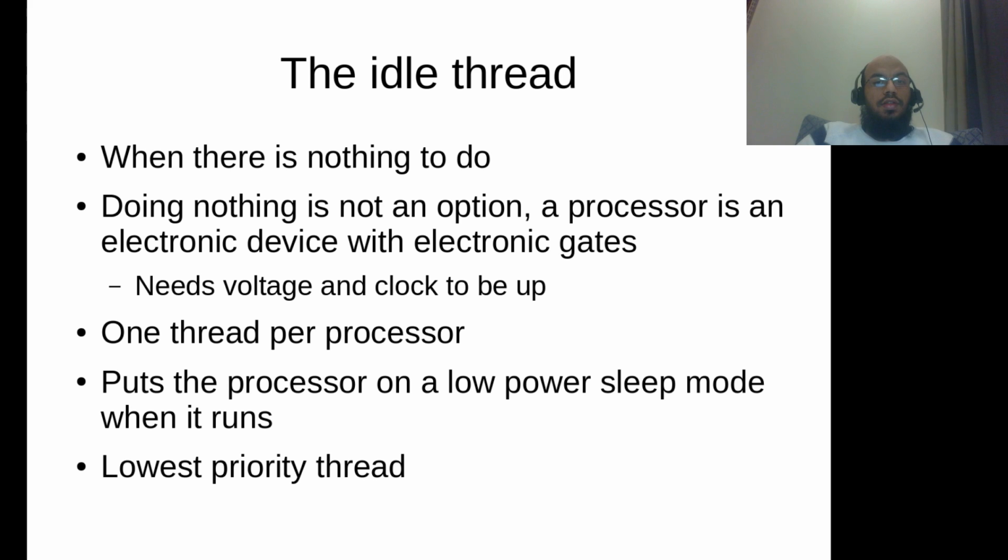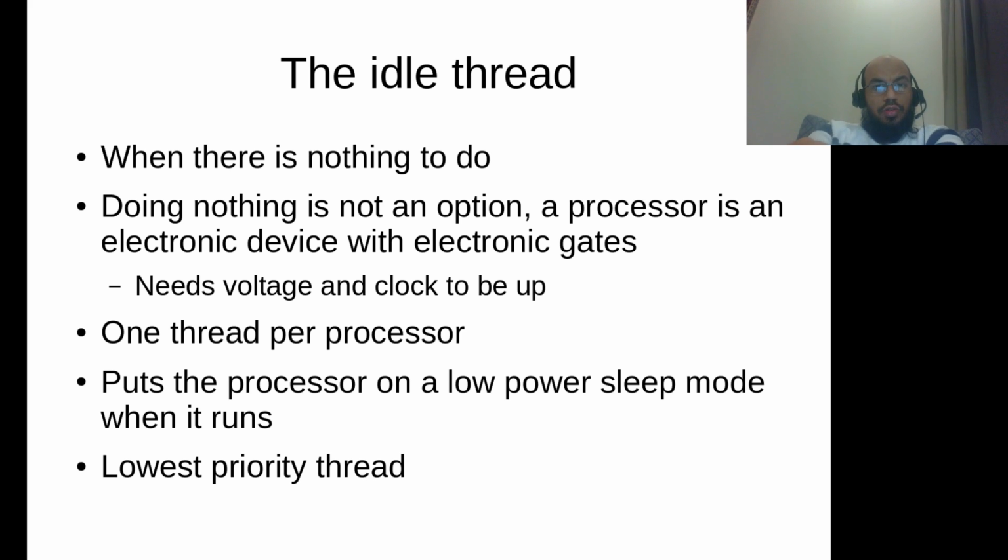One way to ensure that you're not losing voltage, or going into a state where your clock is mismatched with the actual clock, is to not allow the computer to do nothing. You put an idle thread, one idle thread per processor.